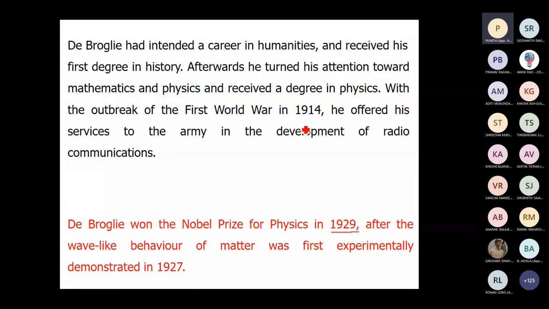He had intended to have a career in humanities, and his first degree was in history. Then he turned his attention towards mathematics and physics, and received a degree in physics. Look at the years: it is in the early 1900s that the evolution of quantum physics or mechanics begins to start. Now let's look into de Broglie.